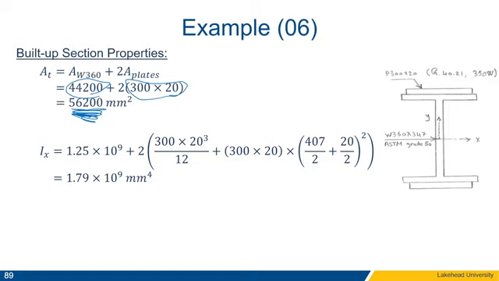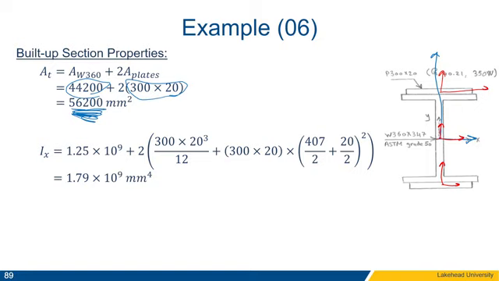Remember, in the old times we have the concept of axis transfer, where you have the combined axes for the entire section, and some local axes for each of the areas that create this section.